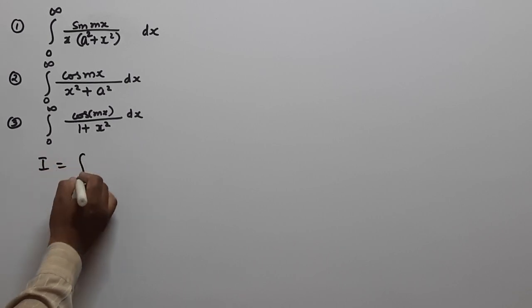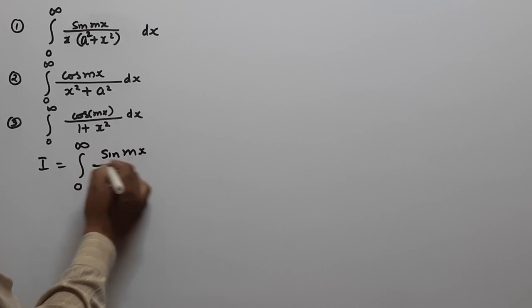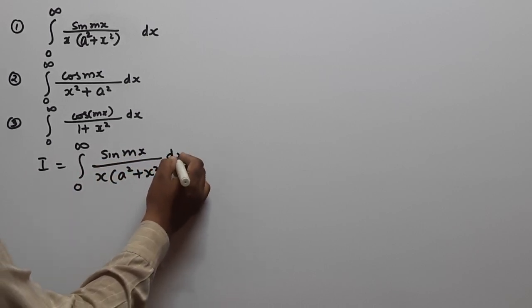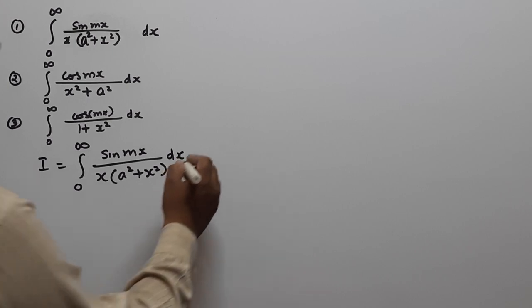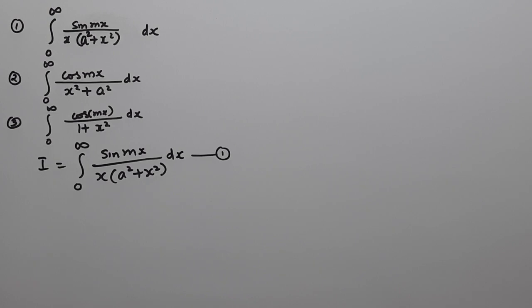Suppose I is given as the integral from 0 to infinity of sin mx divided by x multiplied by a square plus x square dx. Suppose this is the first equation. Now here we use the definite integral as a function of a parameter.